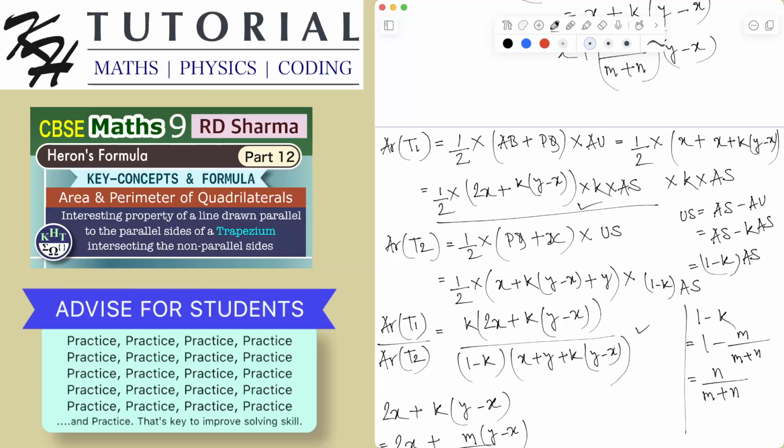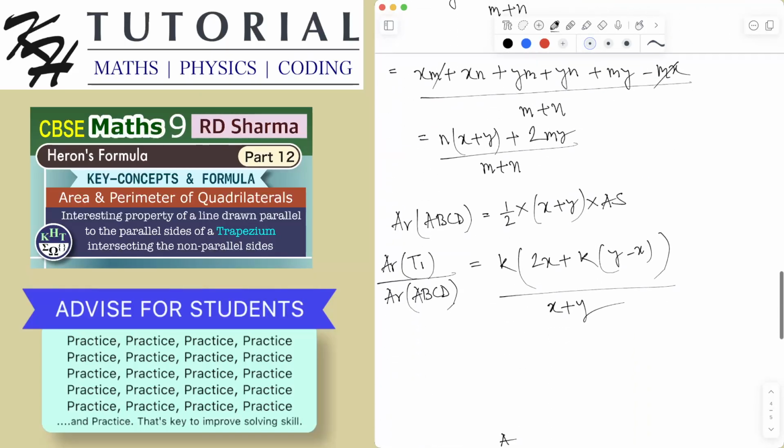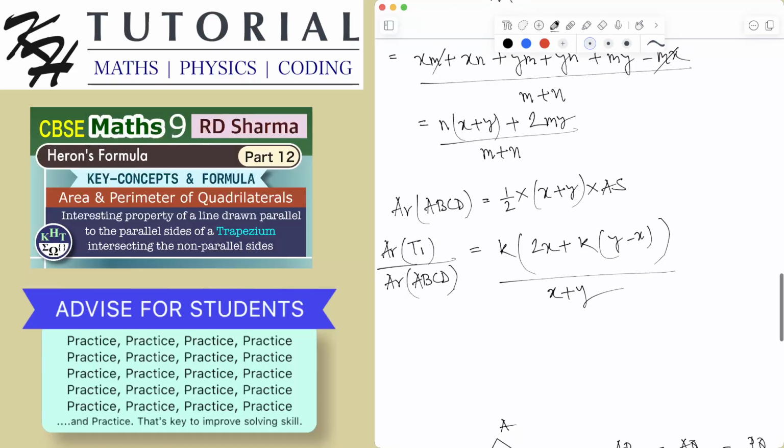So the ratio will be k into 2x plus k into y minus x divided by x plus y.